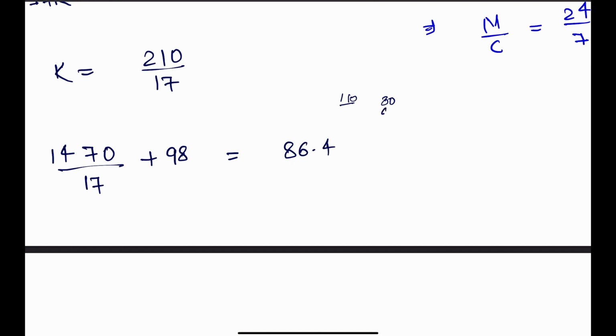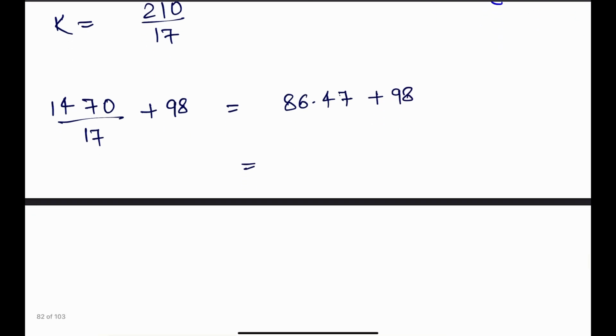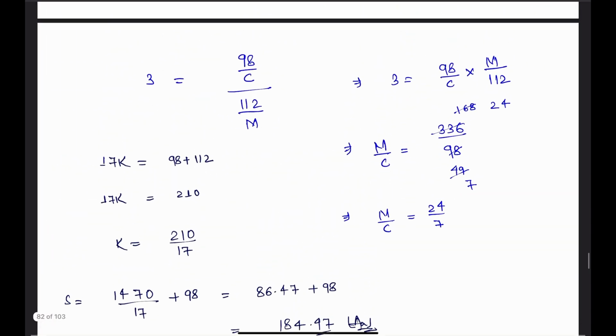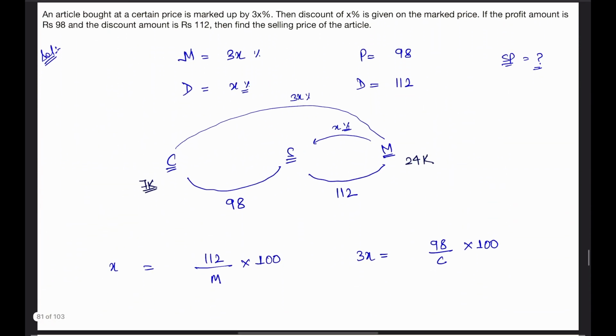And 7 plus 98. So according to my calculation, this should be the sales value, 184.47 for this question.